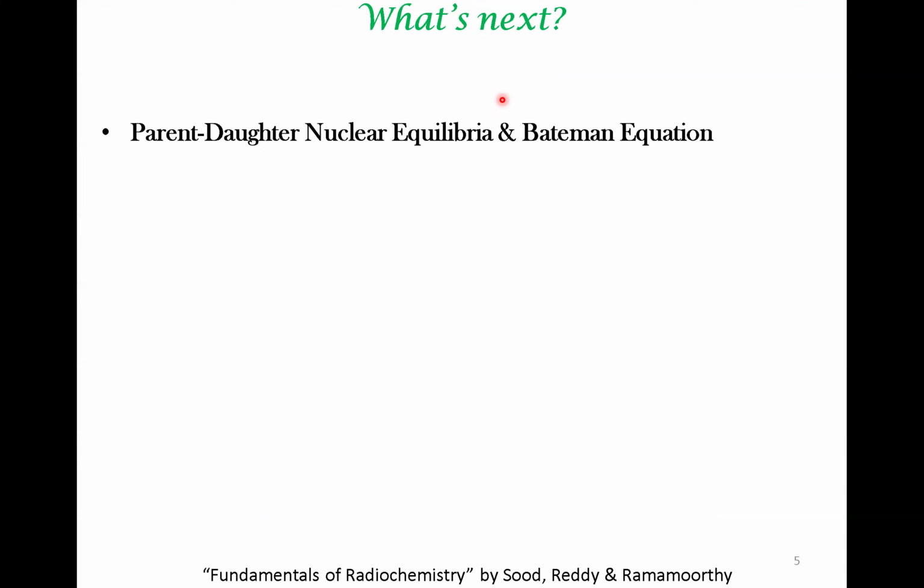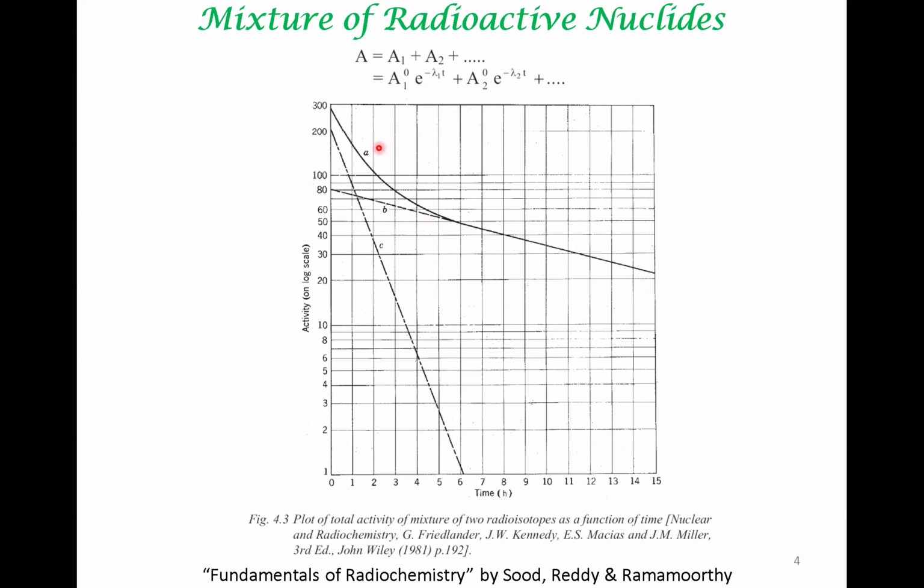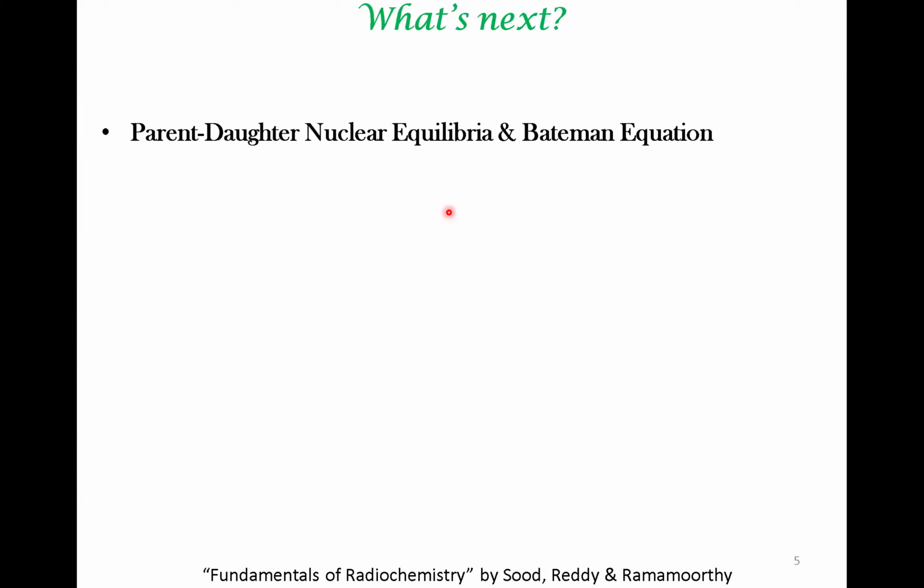In the next lecture, we'll take up a different topic. We talked about decay, but as you might have seen in your chemical kinetics or chemical reaction engineering classes, the kinetics might lead to some kind of an equilibria.